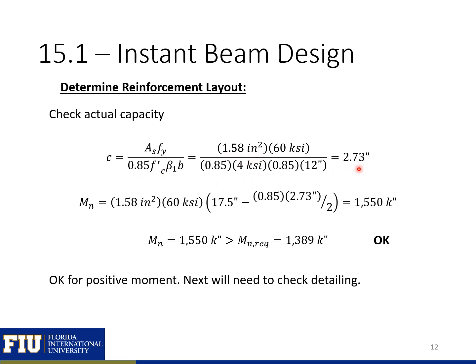So we have a c here of 2.73 inches. And then we can find our nominal moment, again changing our area of steel and updating our c in the equation, to get a nominal moment here of 1,550 kip-inches. We can see that this nominal moment is greater than our Mn required, so our positive moment is okay.